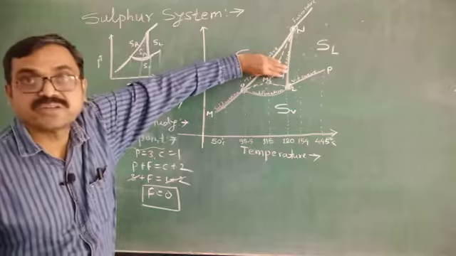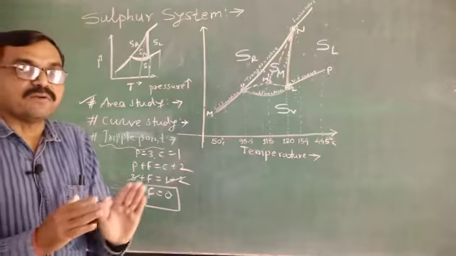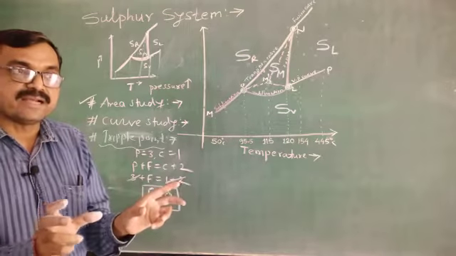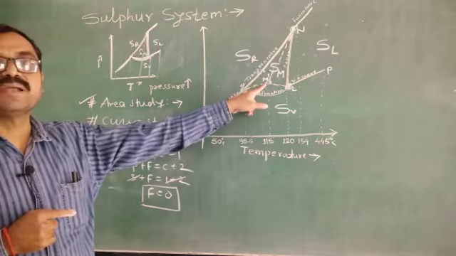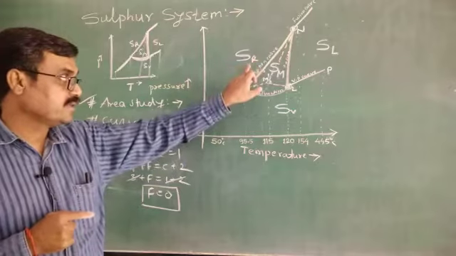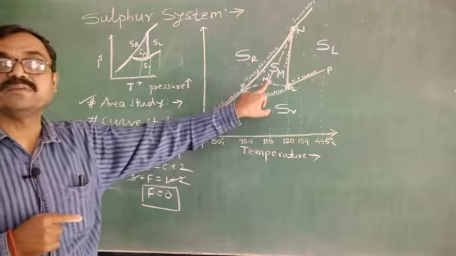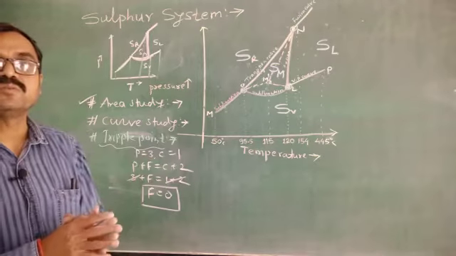This gets vanished because of slow increase in one direction, such that if any disturbance is caused, it will directly be converted into one phase. That's why here metastable curve O M dash, and here SR, SL and SV, these are in equilibrium. Means this triple point also shows F equals to 0.